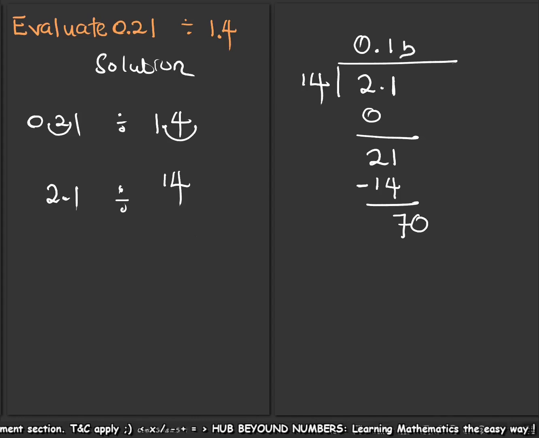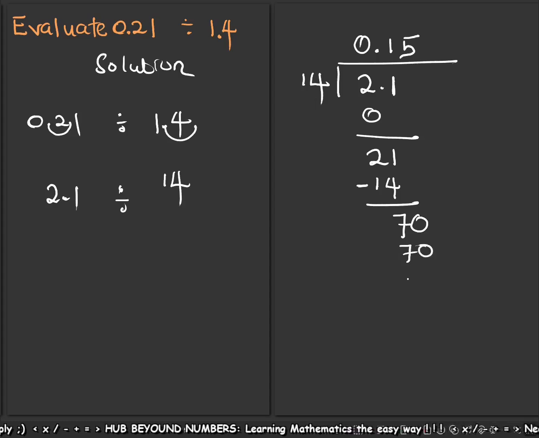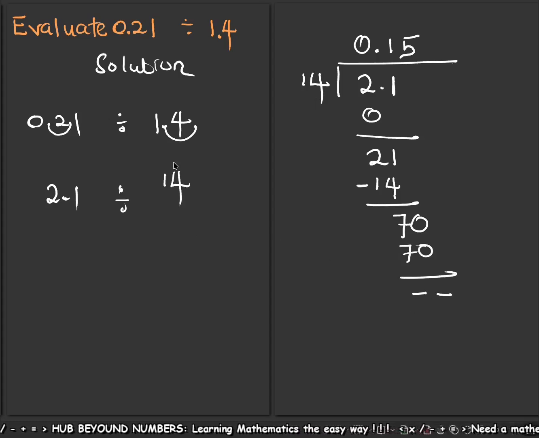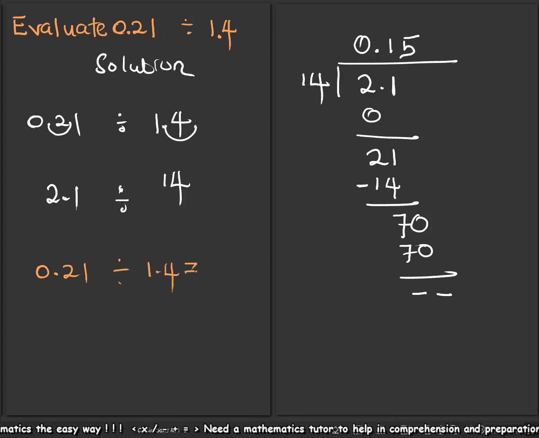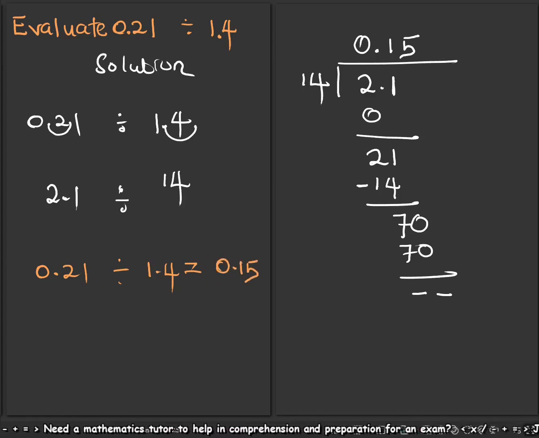That is 5 times. So 14 times 5 gives us 70. If you subtract, we have nothing left. So this simply implies that 0.21 divided by 1.4 gives us an answer of 0.15. Very, very simple, isn't it?